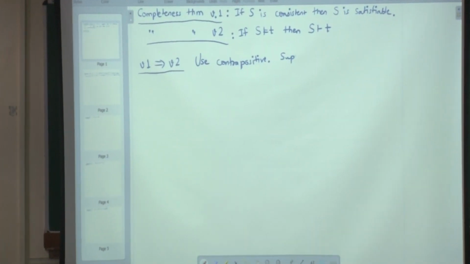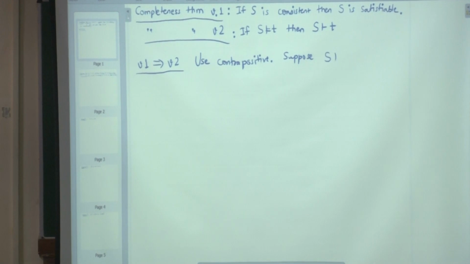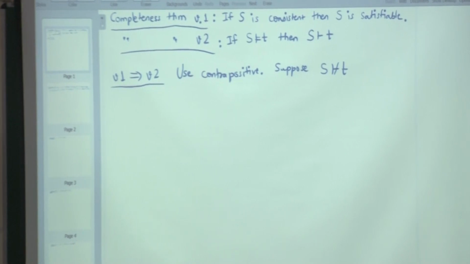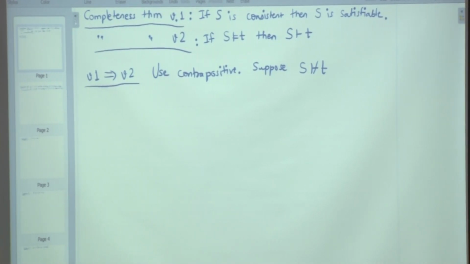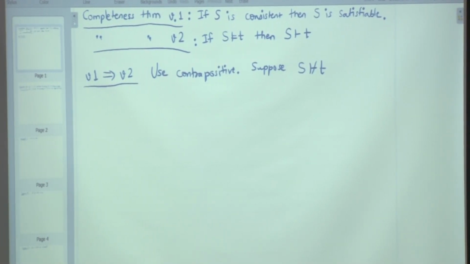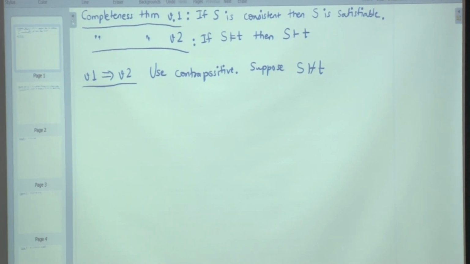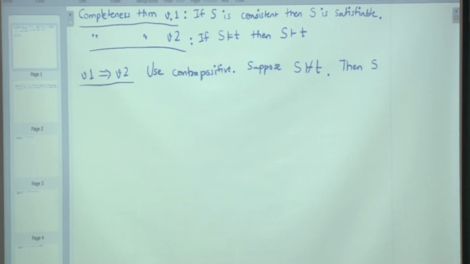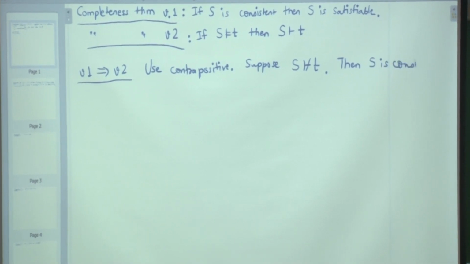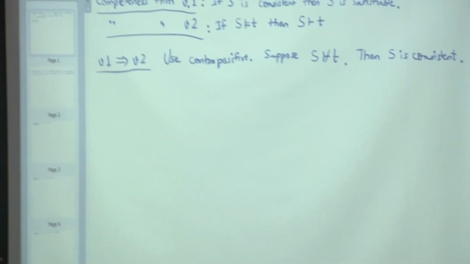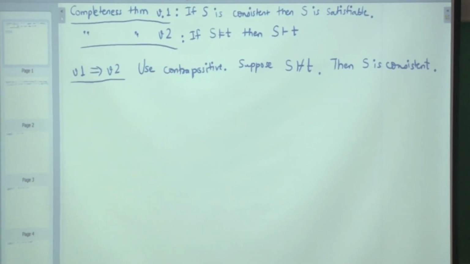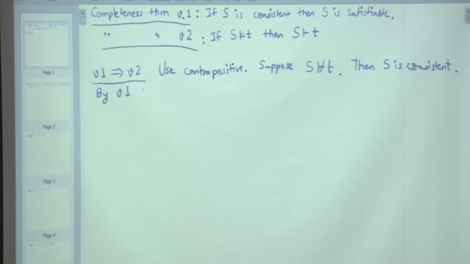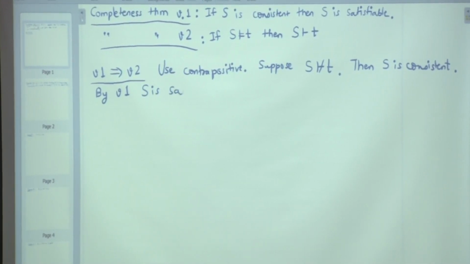So suppose there is no deduction of T from S, then S is consistent. This is simply the definition of consistency, and therefore by version 1, S is satisfiable.